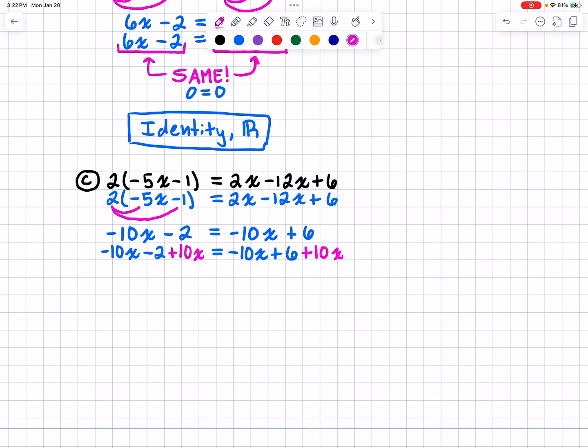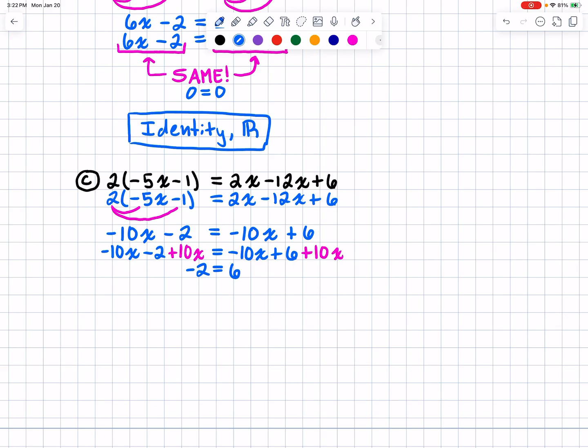Okay, so if I add those to both sides, on the left-hand side, I get negative 2, and on the right-hand side, I get 6.